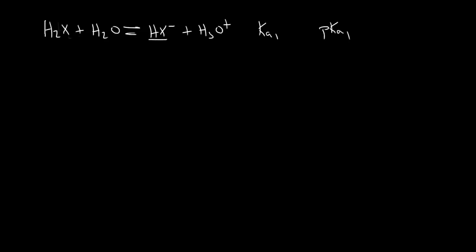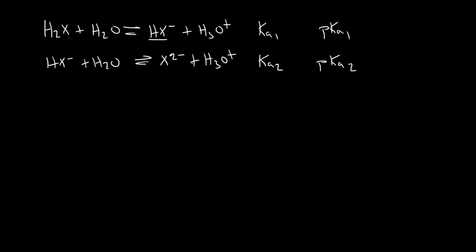And then this monoprotic acid can further react with water to form another equivalent of hydronium and the conjugate base X2-. And this equilibrium we said was governed by Ka2 or pKa2.